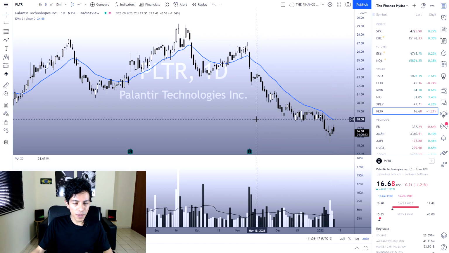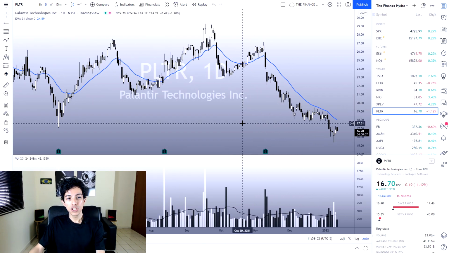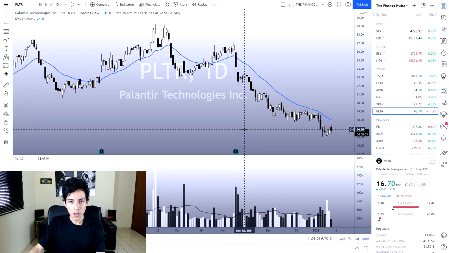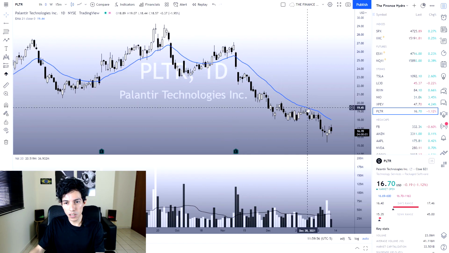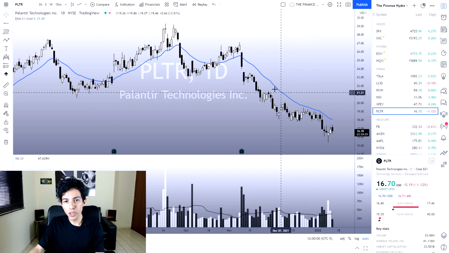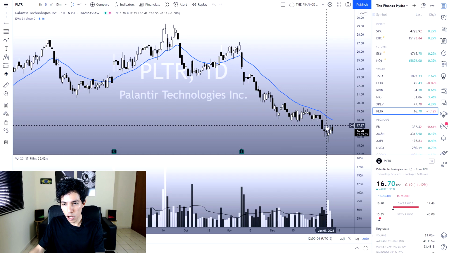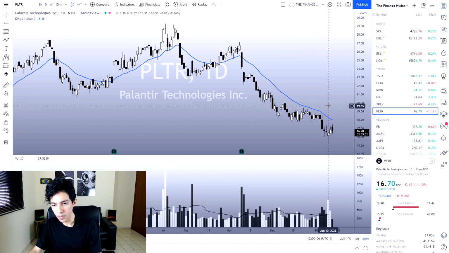Right now, I think we should stick with technical analysis to understand the mid-short-term behavior. The mid-term behavior is clearly bearish. And as long as we keep trading below the EMA, there's nothing we can do mid-term speaking. However, there is hope.